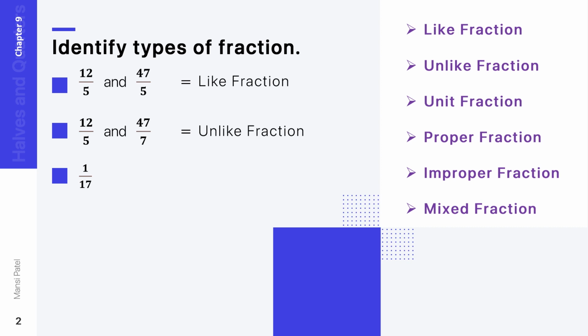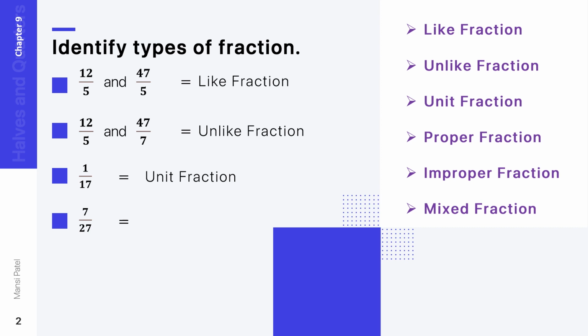Now, 1 upon 17. Which type of fraction is this? When in the numerator there is 1, then that fraction is known as unit fraction. The next one, 7 upon 27. See here, the numerator is smaller than the denominator. Yes, the numerator is smaller than the denominator.